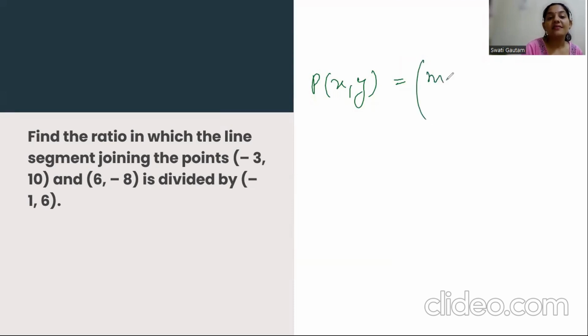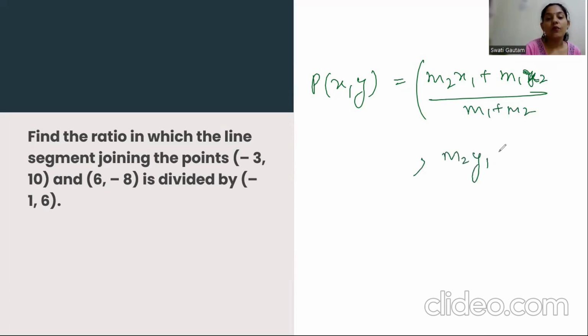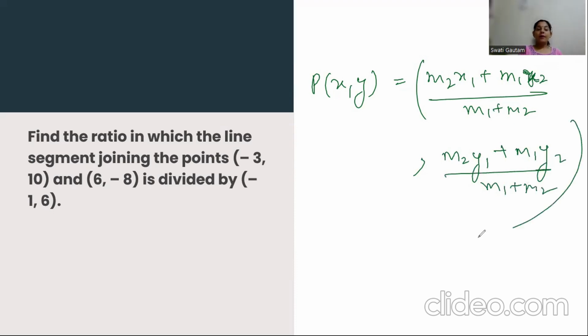And the formula is (m2x1 plus m1x2) by (m1 plus m2), comma, (m2y1 plus m1y2) divided by (m1 plus m2). Always remember, when you are taking m1, take x2. When you are taking m2, take x1. Right? So 2 1 2 1 like this.